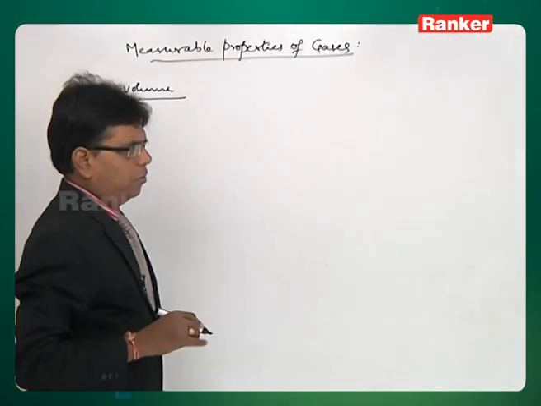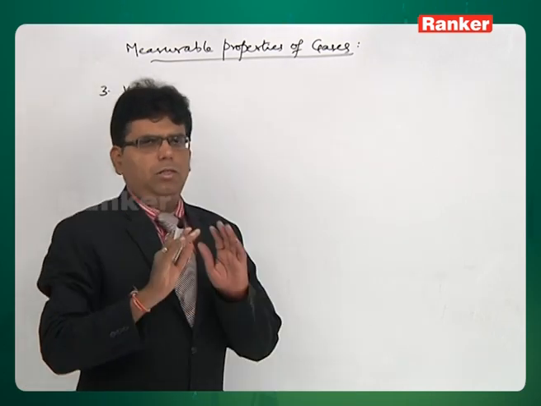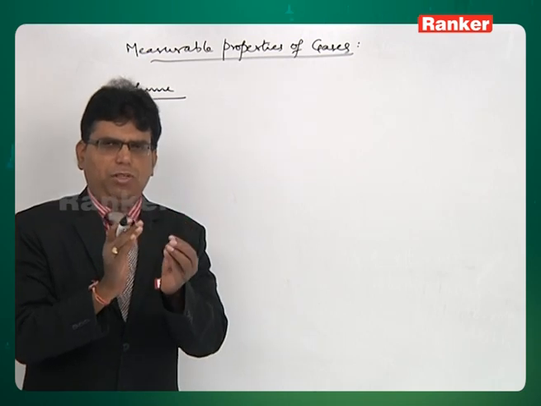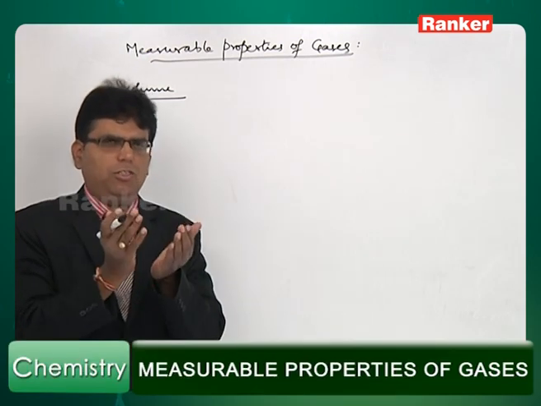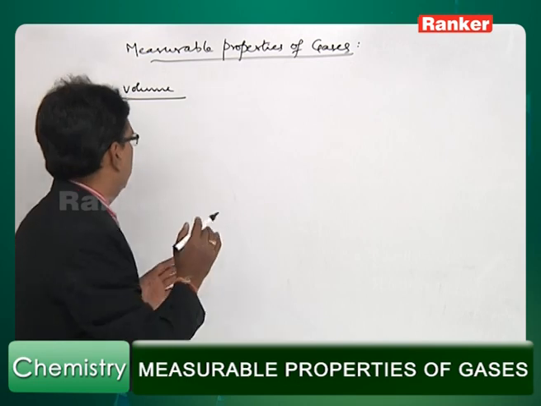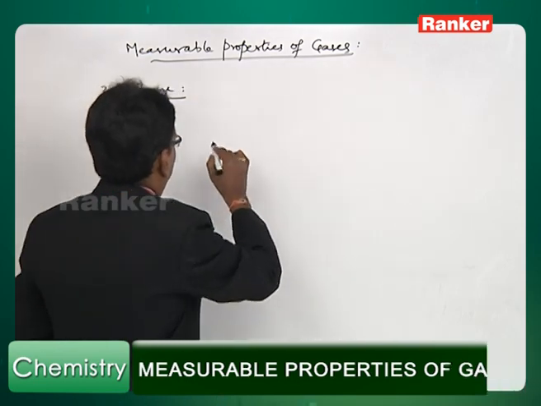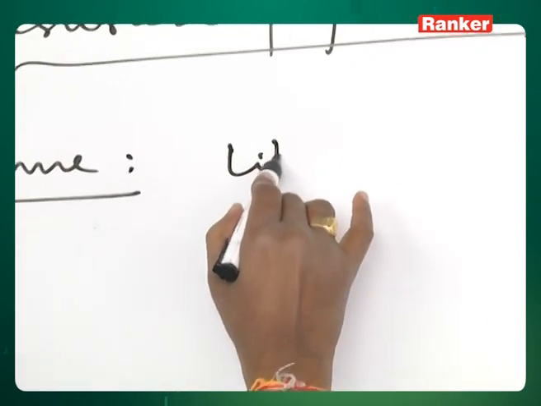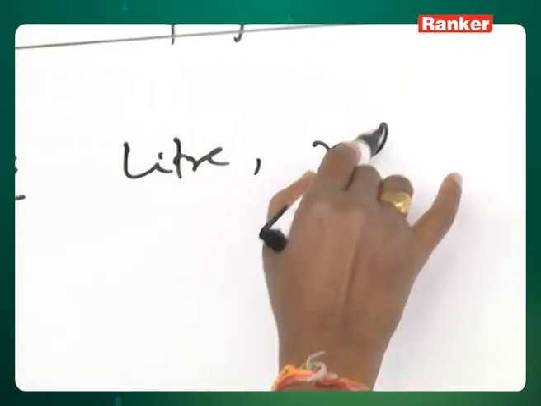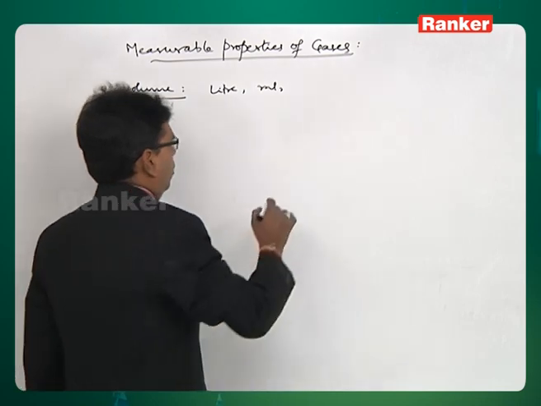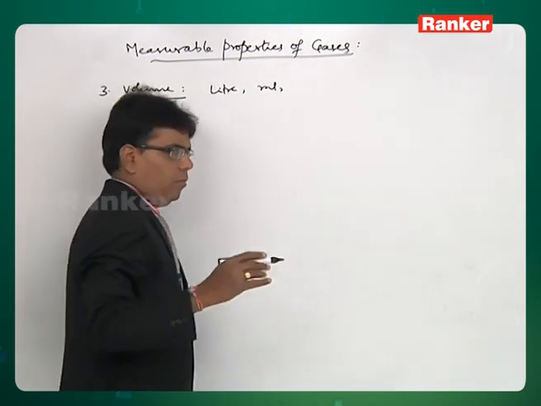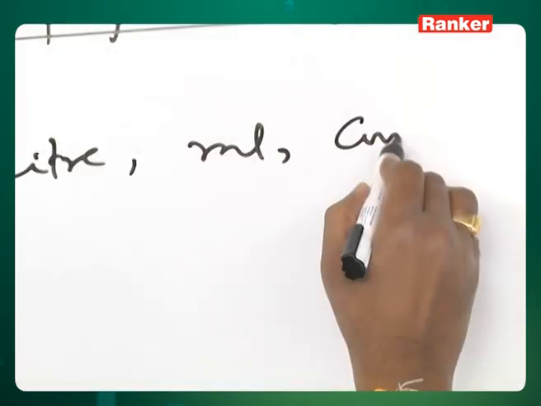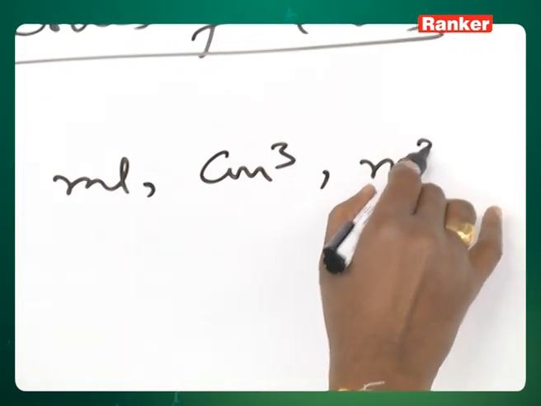Volume of gas is nothing but the overall space occupied by a given amount of gas, that we measure in terms of liter, milliliter, and also cubic centimeter, cubic meter.